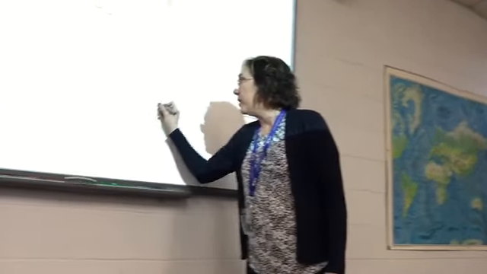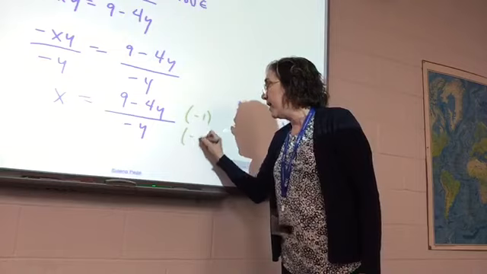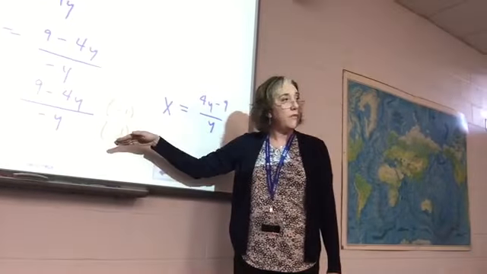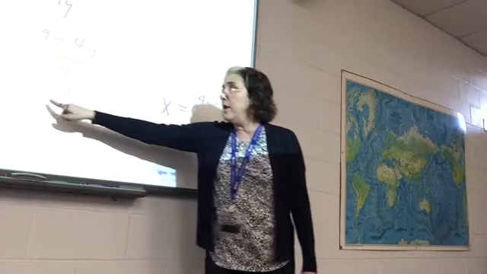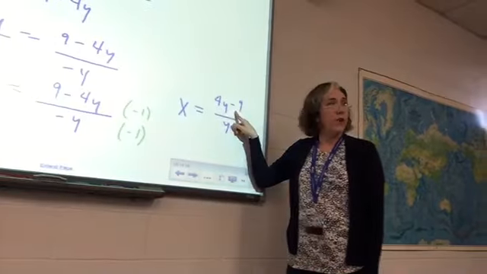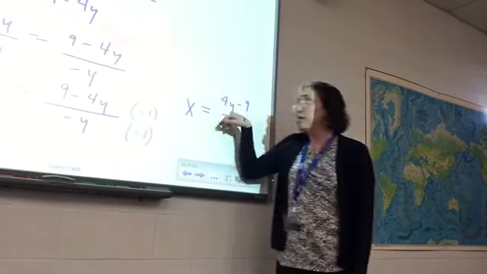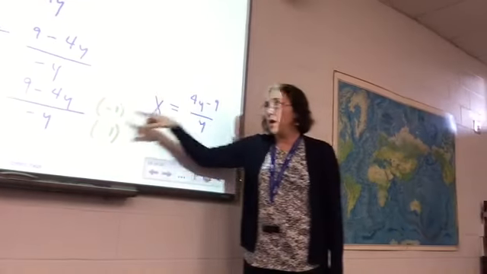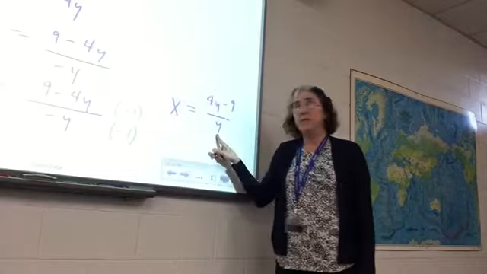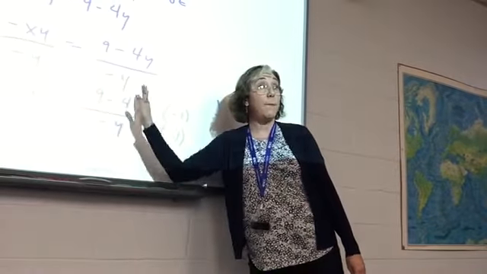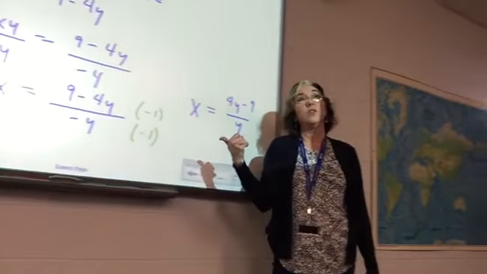Multiply the top by negative 1 and the bottom by negative 1, because that's okay to multiply top and bottom of a fraction by the same thing. Negative 9, negative 9. Positive 4y, see it? And negative y, negative 1, positive y. So if all of the signs are the opposite, you've actually got the same equation.